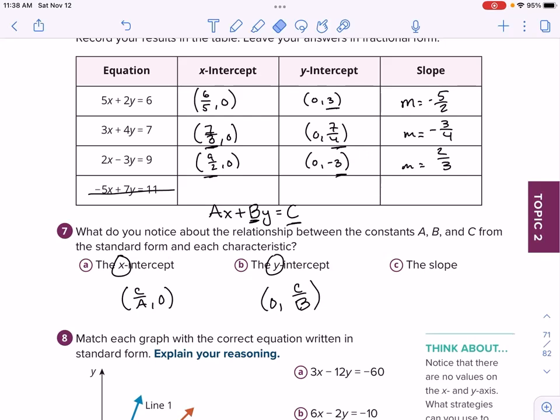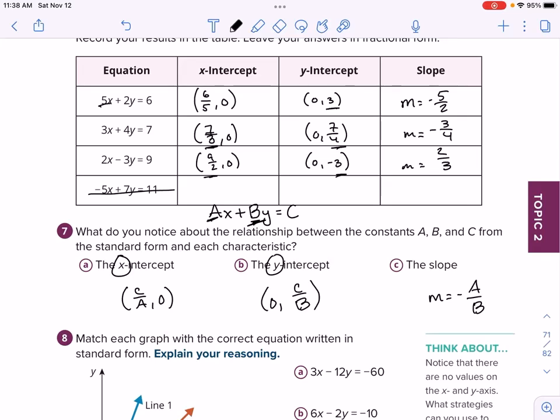And then the last one had a little bit more nuance to it. The slope was always negative a over b. So whatever a over b is, change the sign. That's what that negative sign means. It was always this value divided by this value.